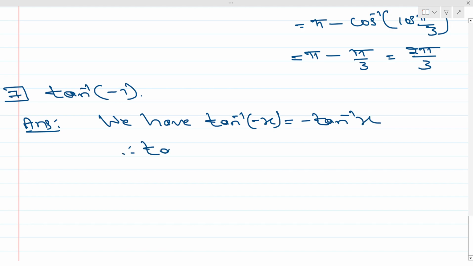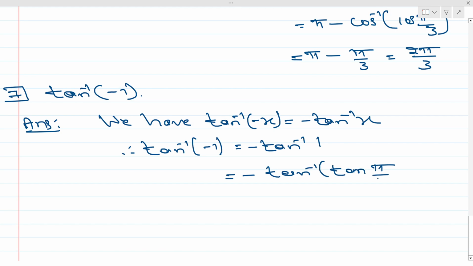Therefore, tan inverse minus 1 is minus tan inverse 1, that is minus tan inverse tan pi by 4. Tan inverse and tan cancels. Answer is minus pi by 4.